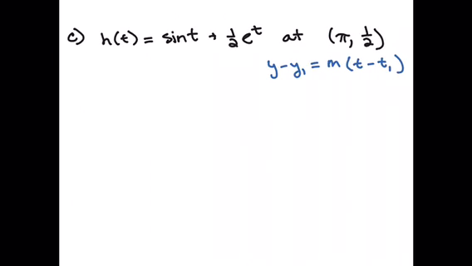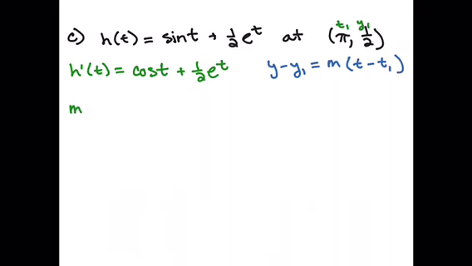Okay, here's another example. I'm given a point, so that will be my t1, y1, since our variable's t in this instance. And we'll take the derivative so that we can find our slope. The derivative of sine is cosine, and the derivative of 1/2 e to the t is 1/2 e to the t.